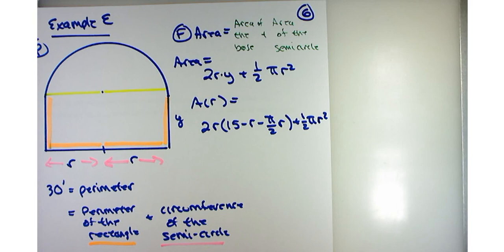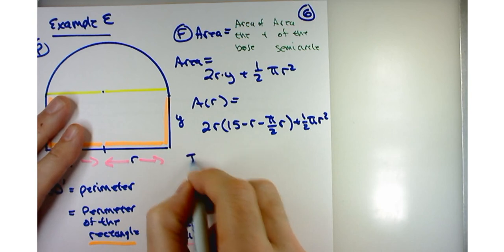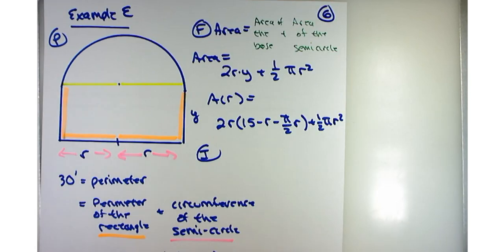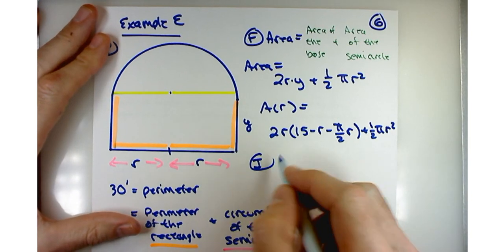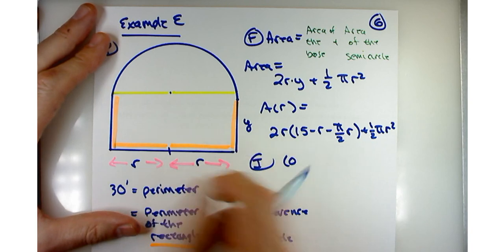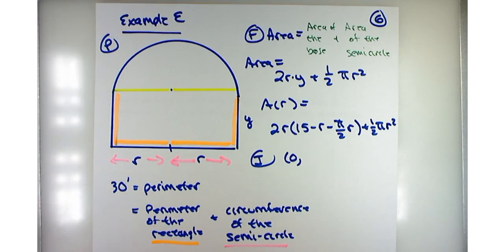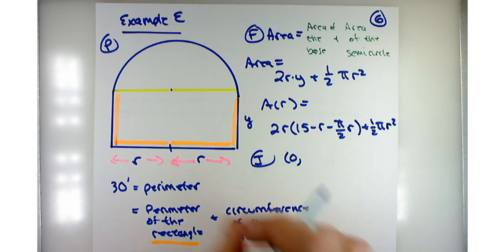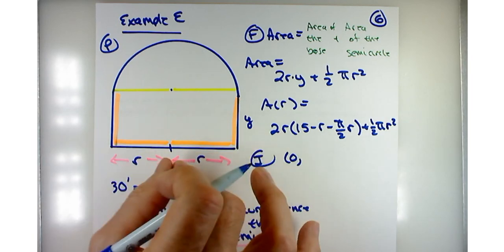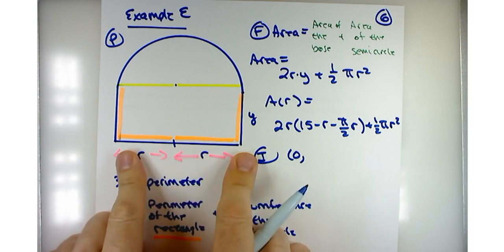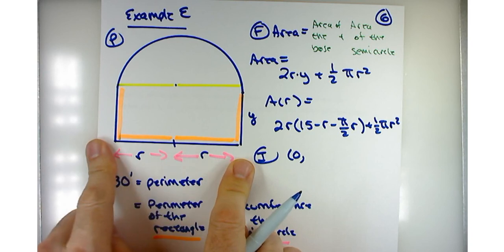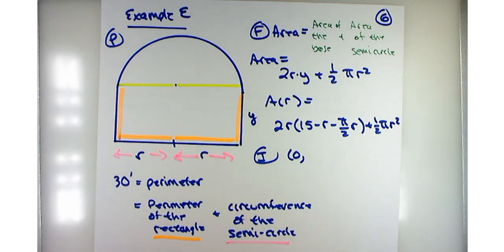Interval. We need to figure out an interval where this is going to be defined. And I'm not going to bend my mind to it too much. I know that it has to start at 0. You can't have a radius that's less than 0. Even equal to 0 doesn't really do us much. And then I've got 2r. Well, I've got a total of 30 feet to work with. So I can't have too much, especially if I've got 2r. If I do 2r this way and 2r this way, I still have to have some up here.